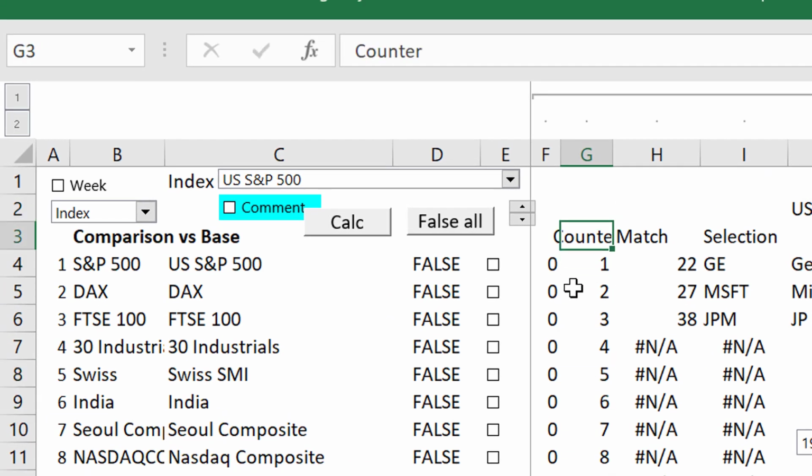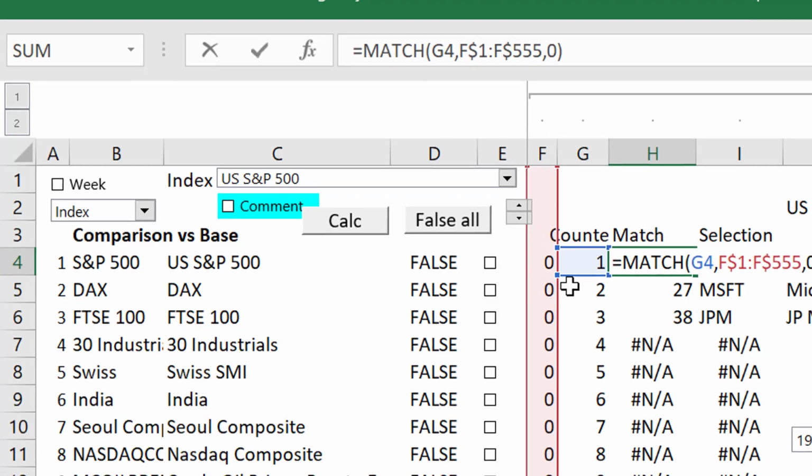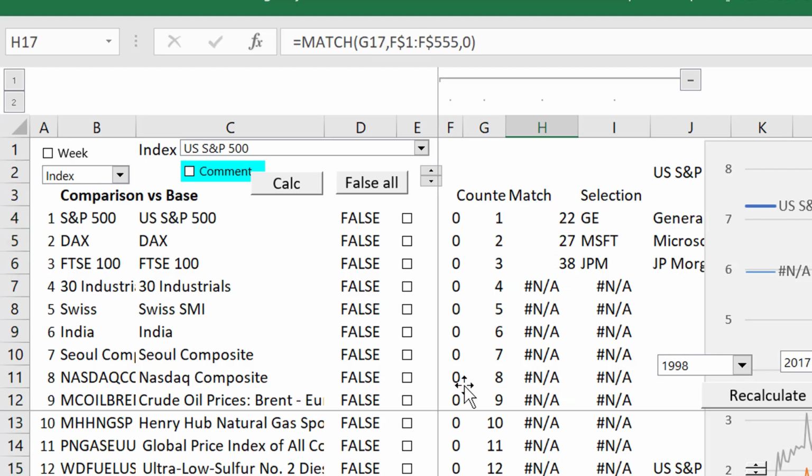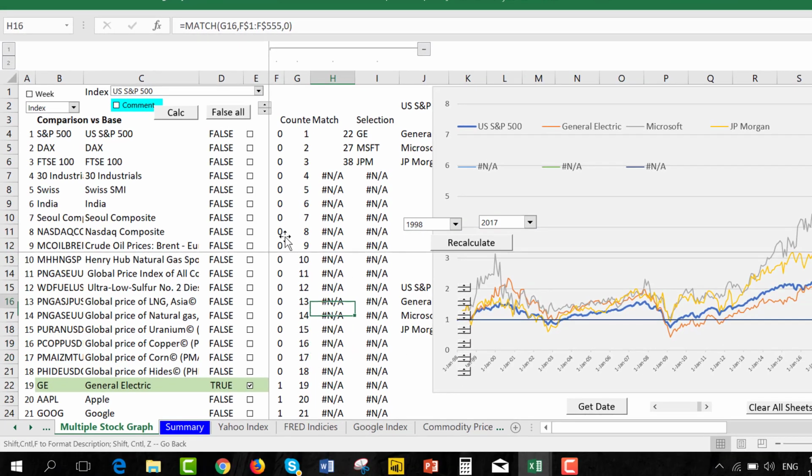And then after that, you match with a 0. You get an exact match, not an approximate match, of this number versus the counter. And that gives you the row number, I think. It gave me 22. The reason it gave me the row number is I took the whole column F. It said, go down and find the row number where you first hit a 1.